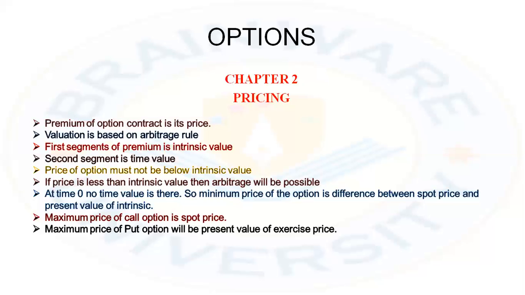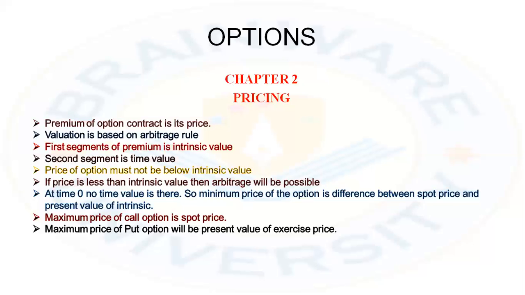In that case, only intrinsic value will exist. And when the option is purchased, the writer will at minimum take the amount of premium which will cover the intrinsic value at that time. Therefore, the normal rule is that the premium of the option should not be less than the intrinsic value at the time of entering into the contract.